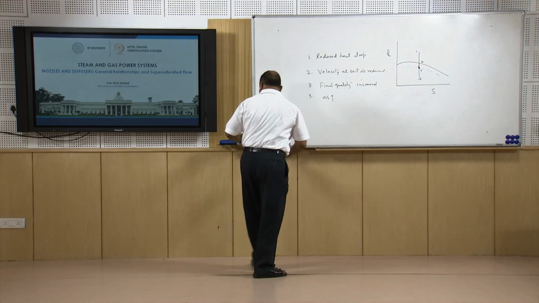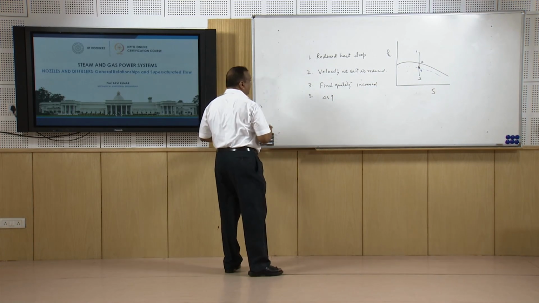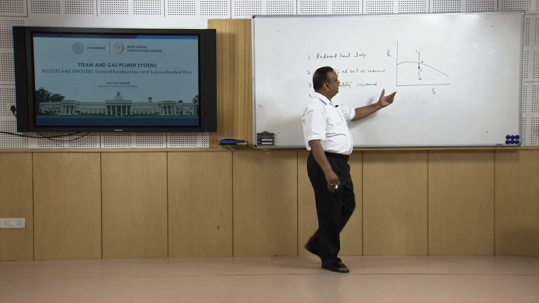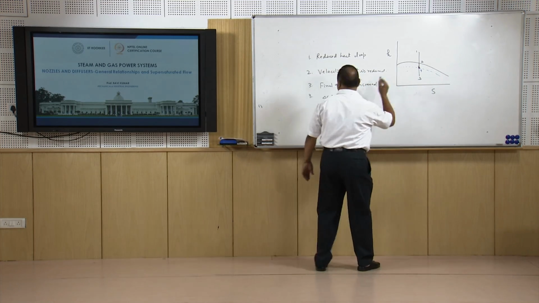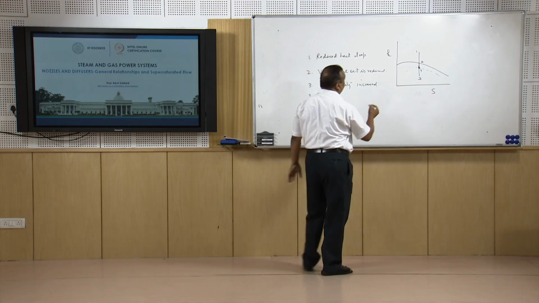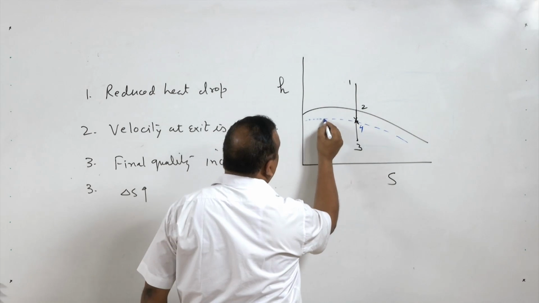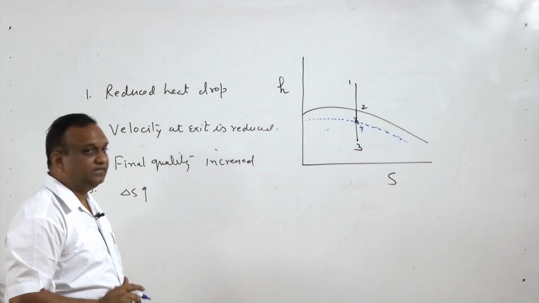And this has a bearing on the discharge through the nozzles. Now, this line where the condensation is initiated, this fictitious line, is known as the Wilson line.